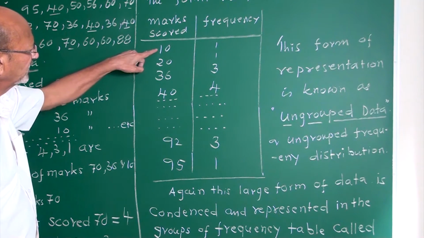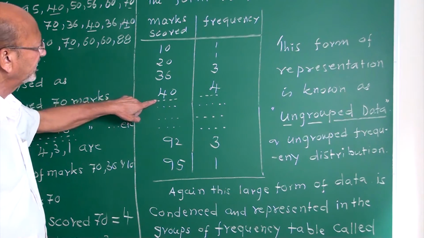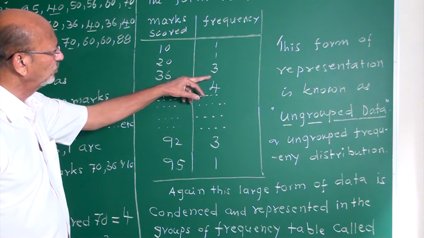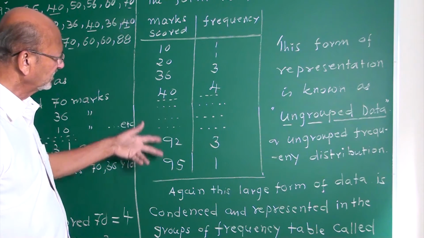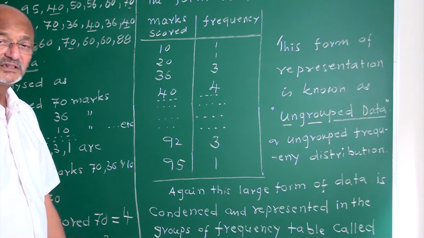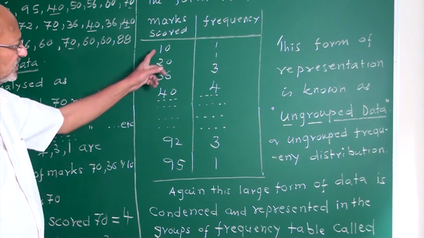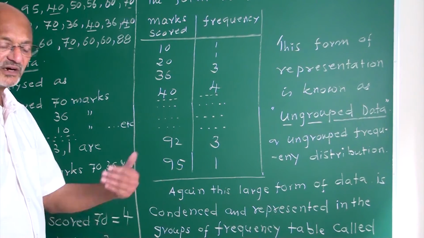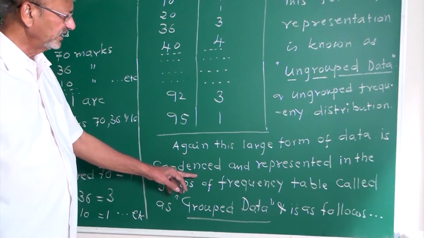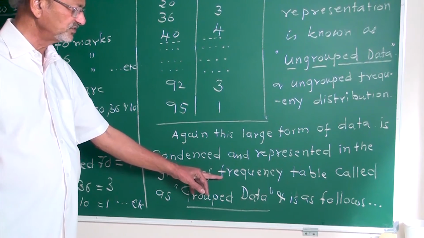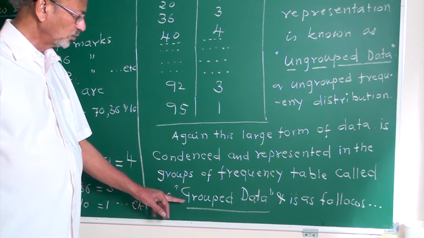If you write 10 to 40, how many students are there in the group 10 to 40? 1, 2, 5, 9. 9 students are there. Like that, you are creating the intervals. The same ungrouped data can be condensed and represented in groups of a frequency table called grouped data.